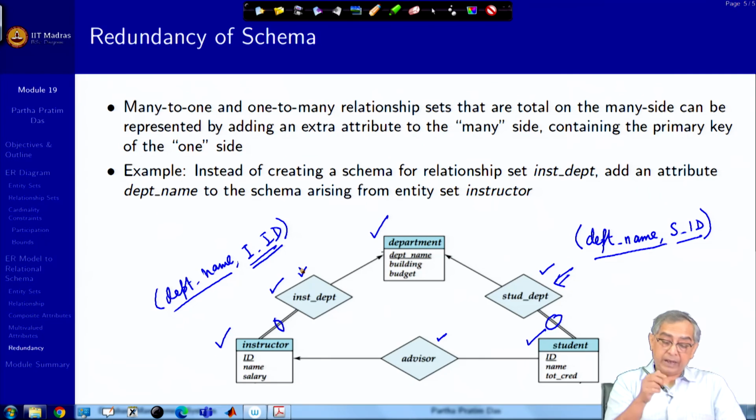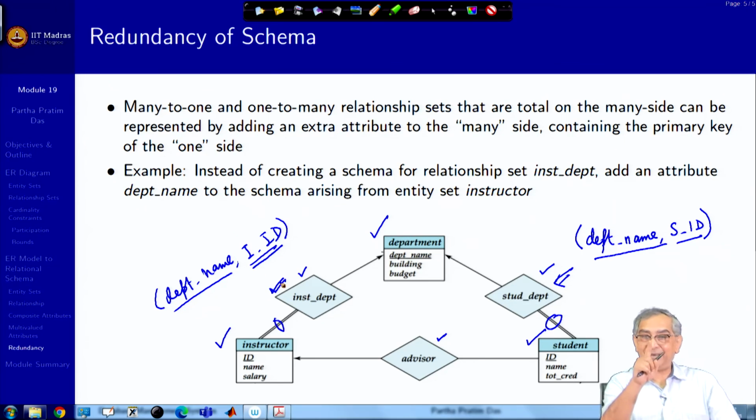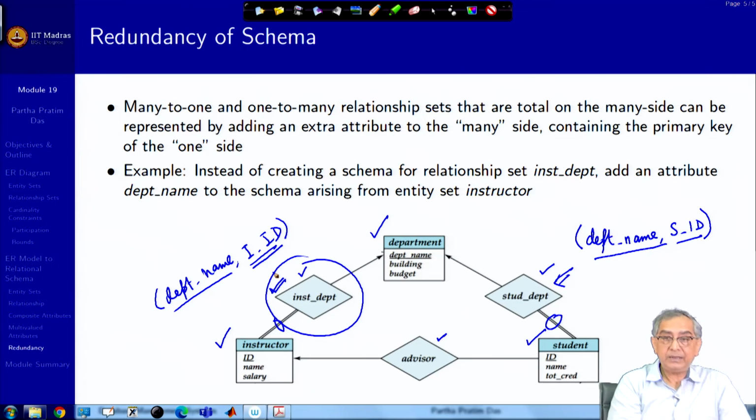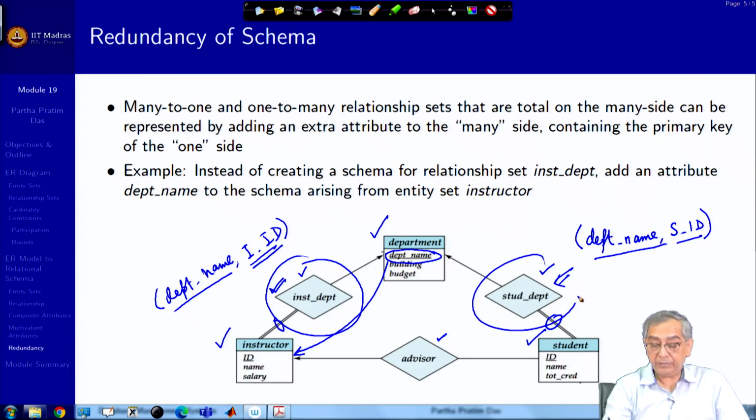Two things. One is every IID will be there in this, and it will be there only once, right, because it is many to one, it can have only one department. If that be the case, then the question is, do we need this relationship, or simply I can take the department name and put it as an attribute here. Similar argument will say, do I need this, or I can take it and put it just like here.